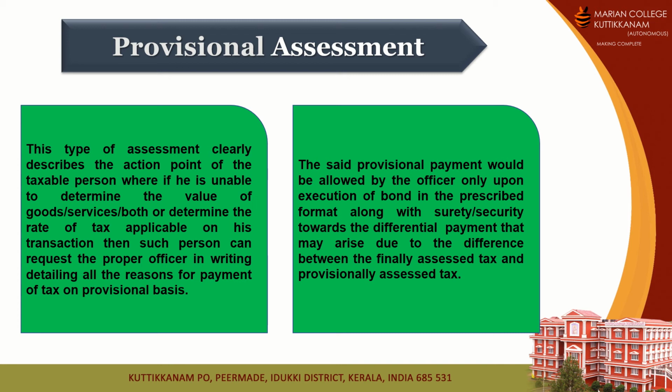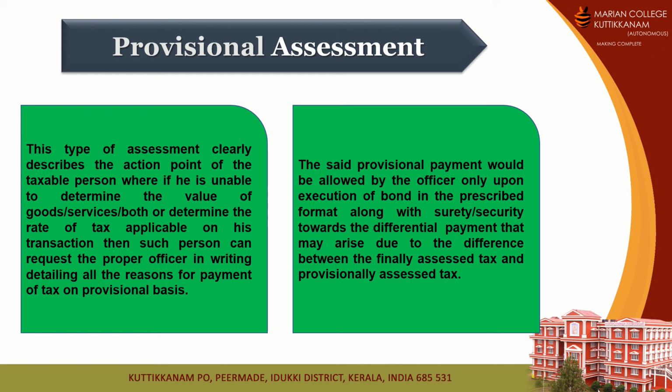After receiving this request, the proper officer may look into the issue and allow the payment of tax on a provisional basis only if there is an execution of bond in the prescribed format along with surety or security as the proper officer may deem fit.